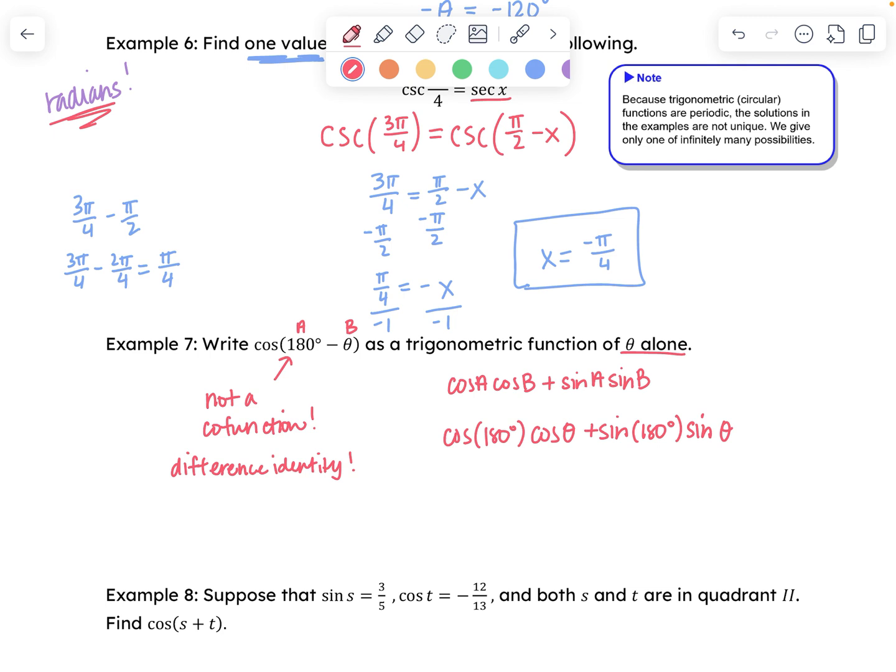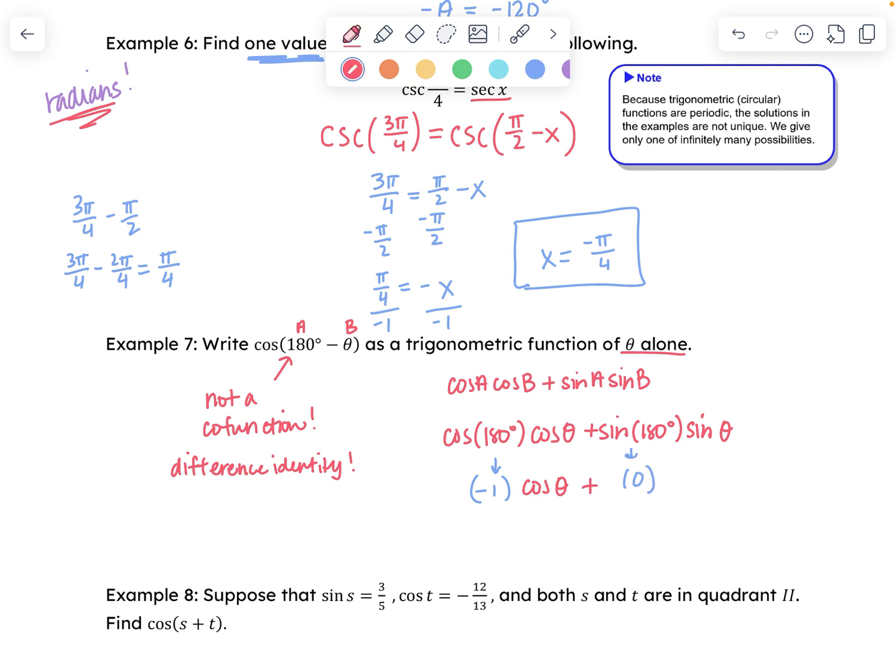And lucky for us, 180 degrees does fall on our unit circle. So I can go ahead and figure out what those are. Cosine of 180 degrees, remember that's the negative part of our x-axis. So our cosine of 180 degrees would be negative 1. And then we're still going to have our cosine theta plus, and then our sine of 180 degrees is 0.